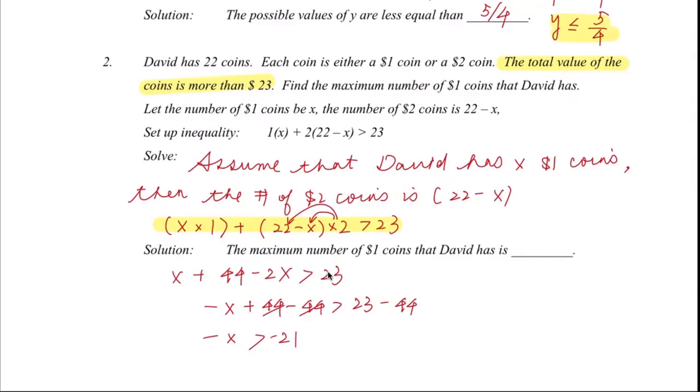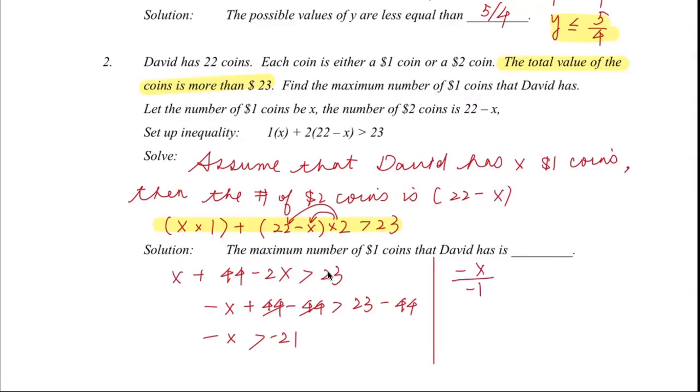Yeah. And here, in order to get rid of the negative coefficient, we need to divide minus 1 to both sides of the inequality. Right? So I'll write it here. Minus x divided by minus 1.